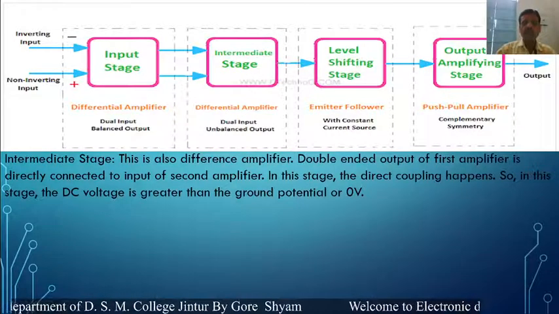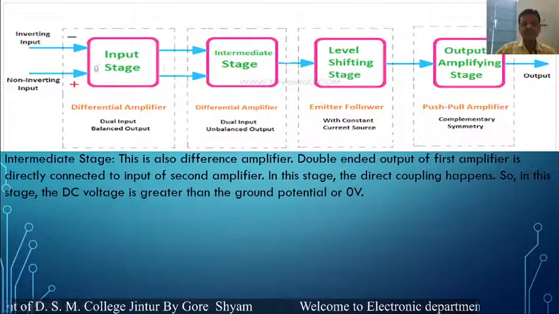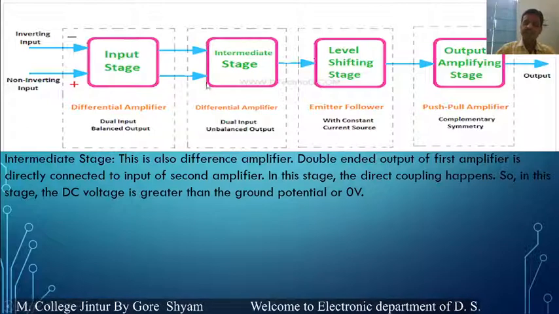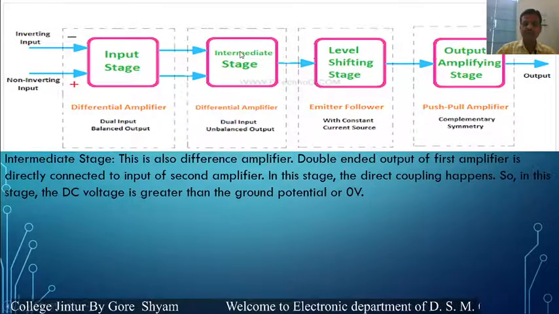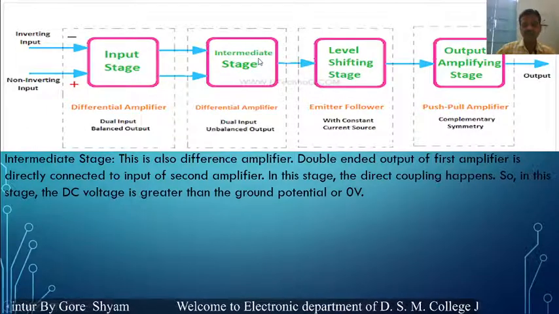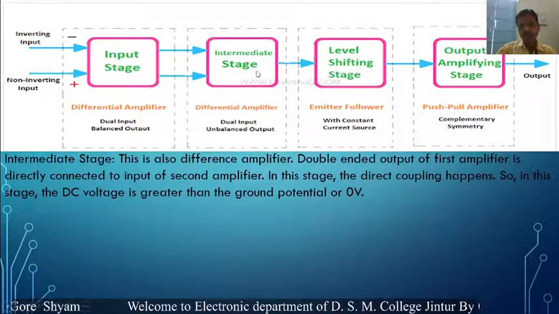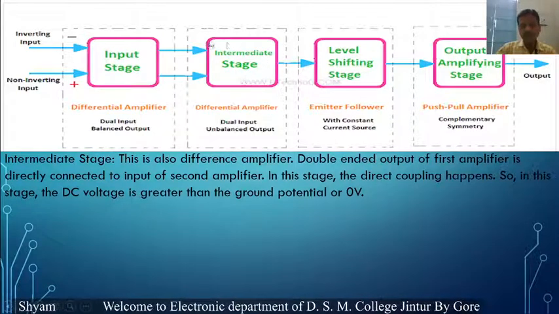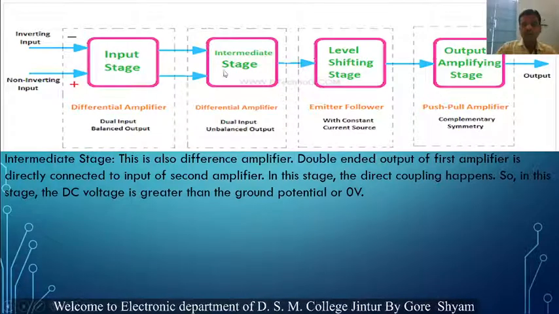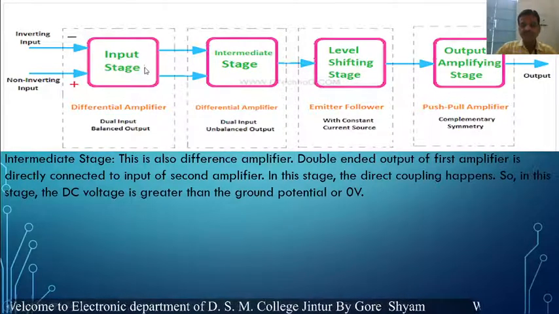As the first amplifier is a differential amplifier, the gain of the first differential amplifier is large. Similarly, the gain of the second differential amplifier is also large. The working of the first and second differential amplifier is the same, but the second amplifier amplifies the input from the first differential amplifier.